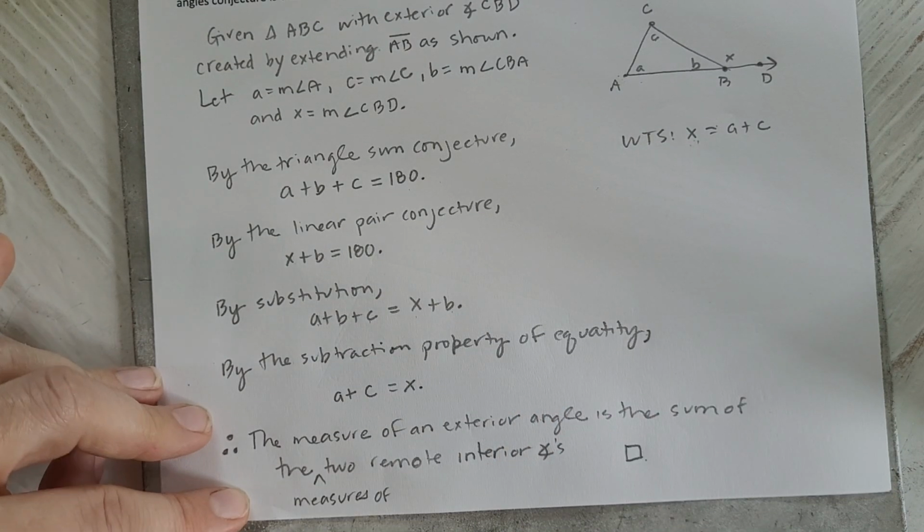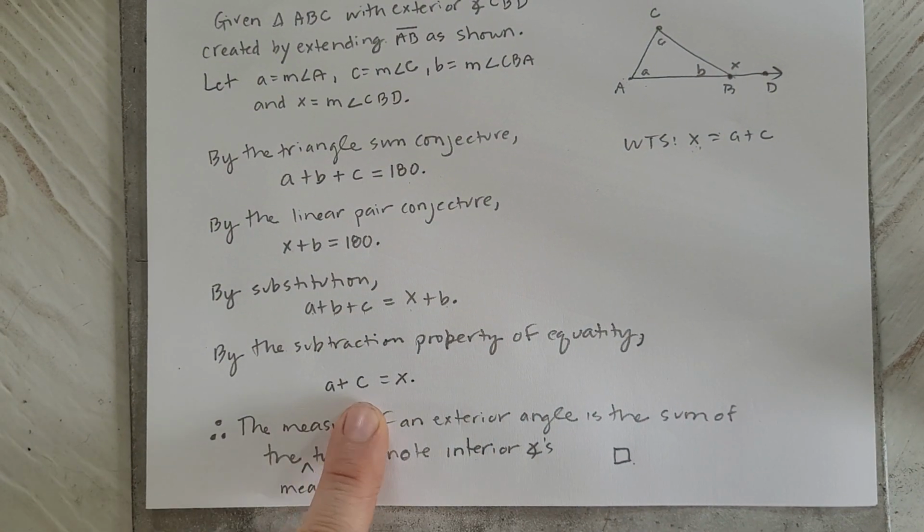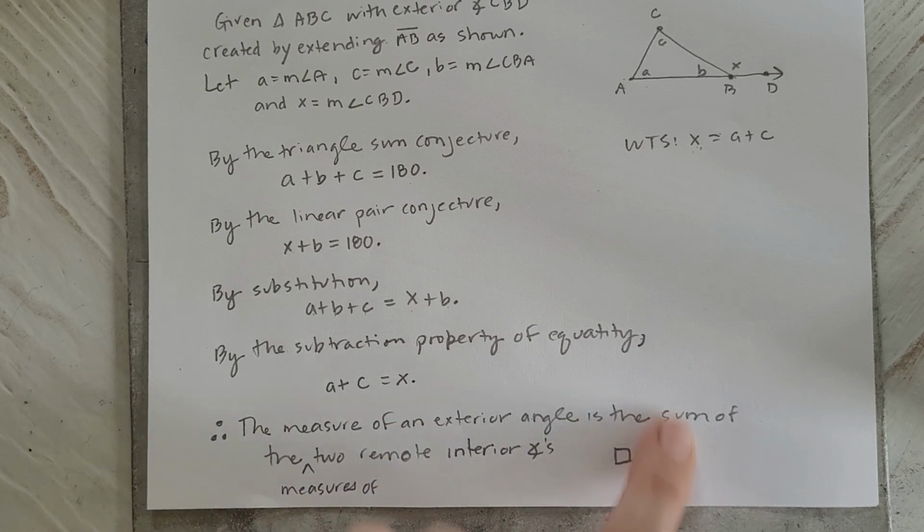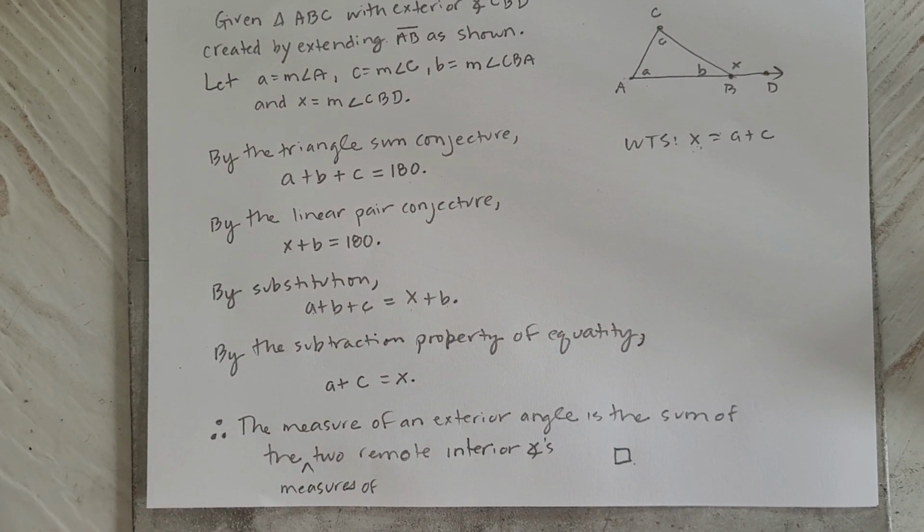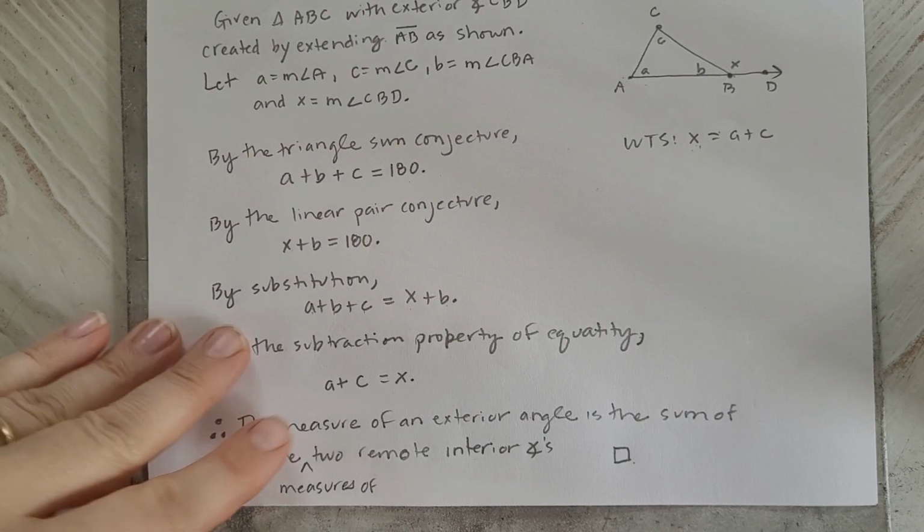Ta-da! Honestly, though, you could just stop here if you wanted, but this kind of puts a little icing on the cake. Great job. Again, the more of these deductive arguments we do, the better we get at them.